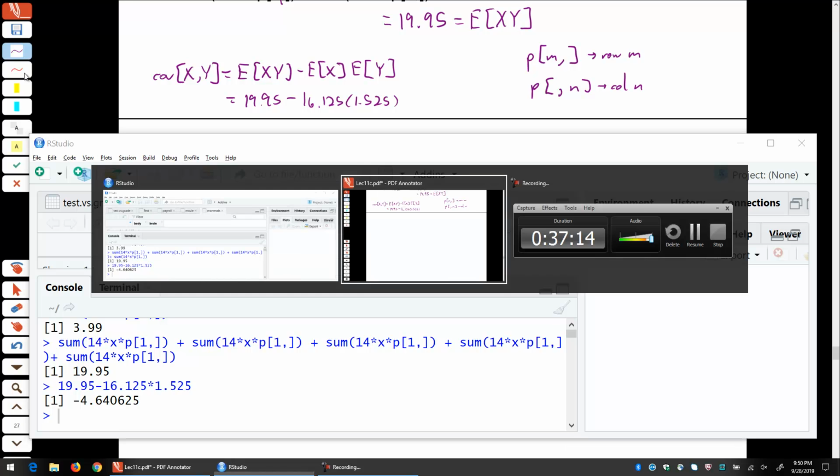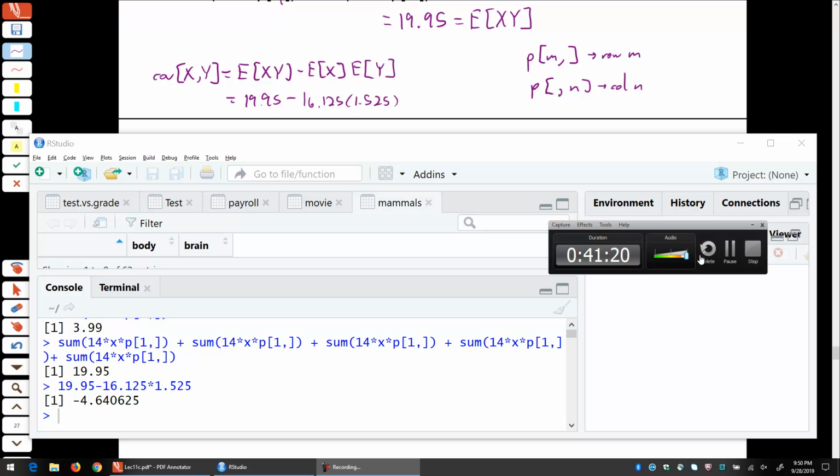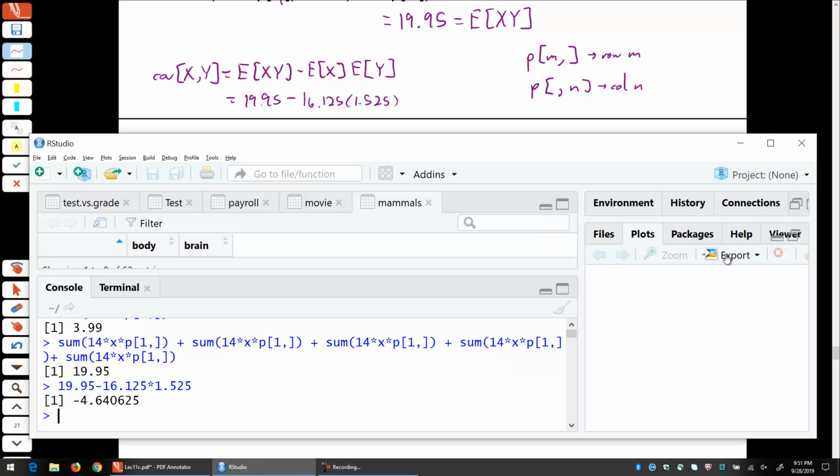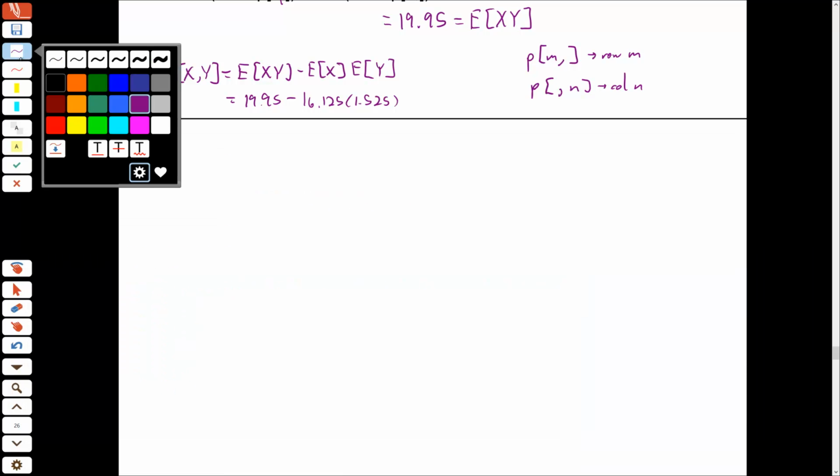Give me a second. Yes, after double checking, covariance can be negative. That's perfectly fine. Negative 4.6406.